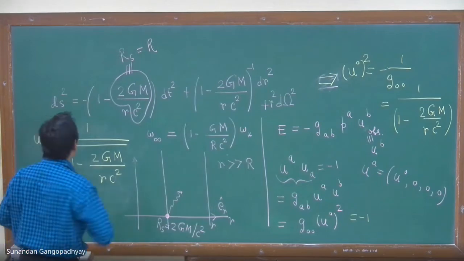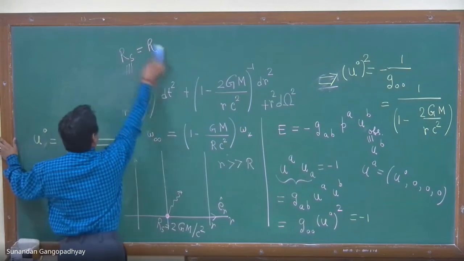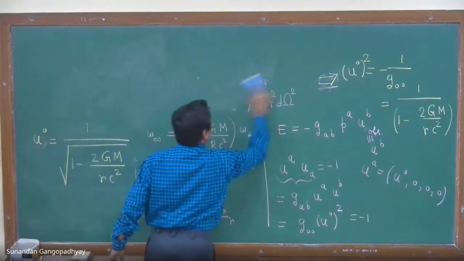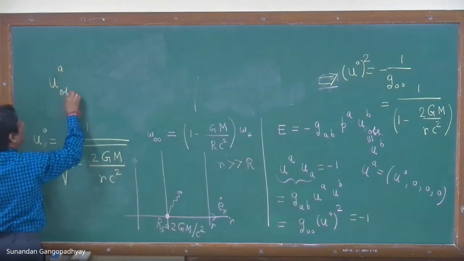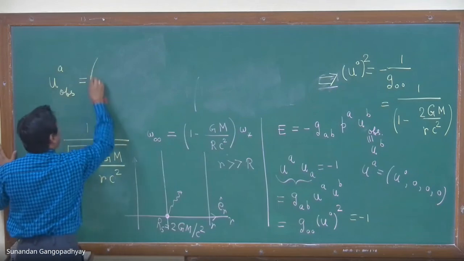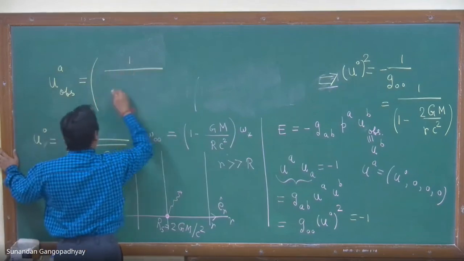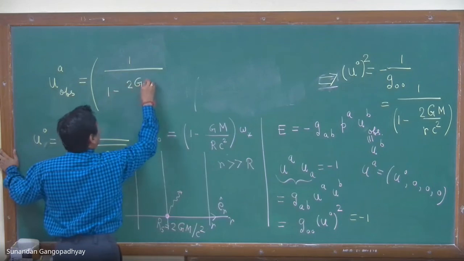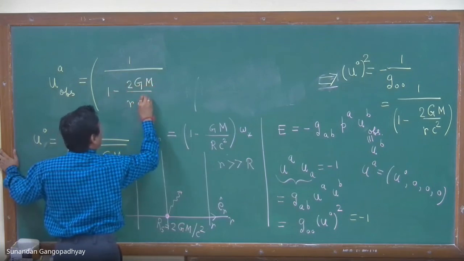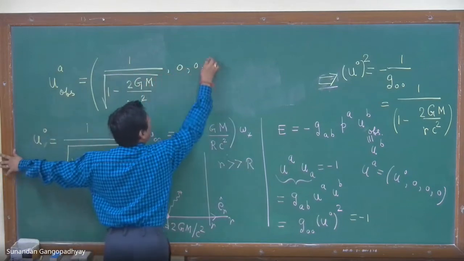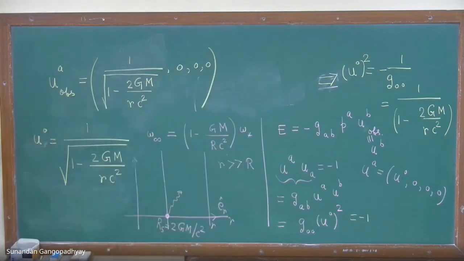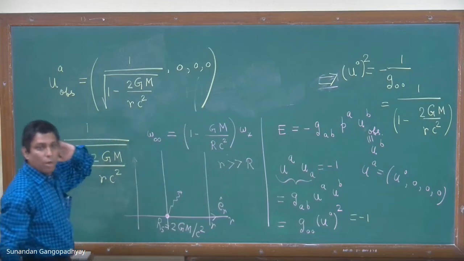So what can we write down now? We can therefore write down the following thing, that U^A observer is equal to, okay. What is observer? It means sitting at a given r. In general, this is a function of small r.